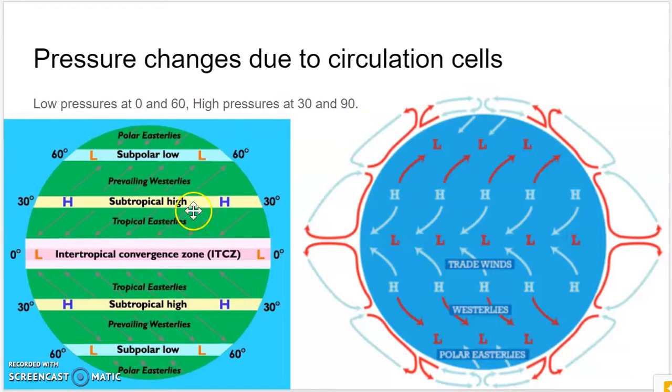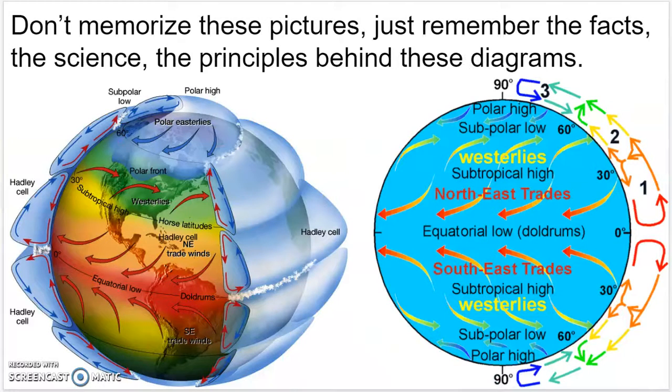We have special names for these latitudes. This subtropical high pressure system we also call the horse latitudes. Let's see, I think there's a picture that shows it. They call it the horse latitudes because here in between these two pressure systems the wind kind of stops. Back when they were sailing from Europe to the Americas, they would bring horses with them, but if their ship got stalled, they might run out of food and water to feed the horses.